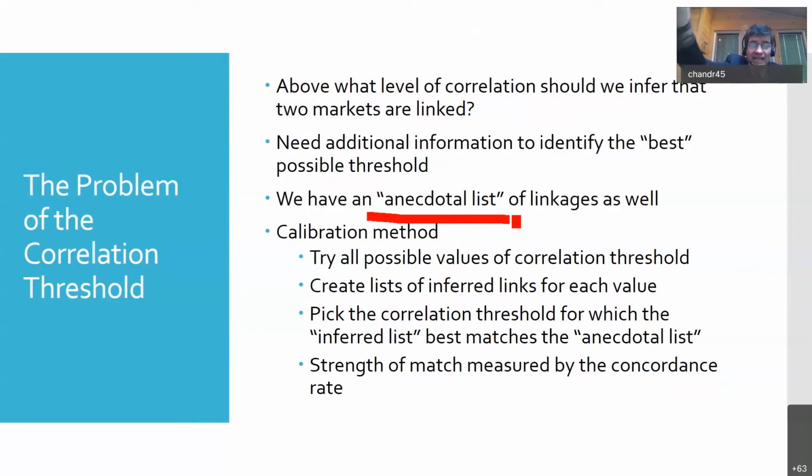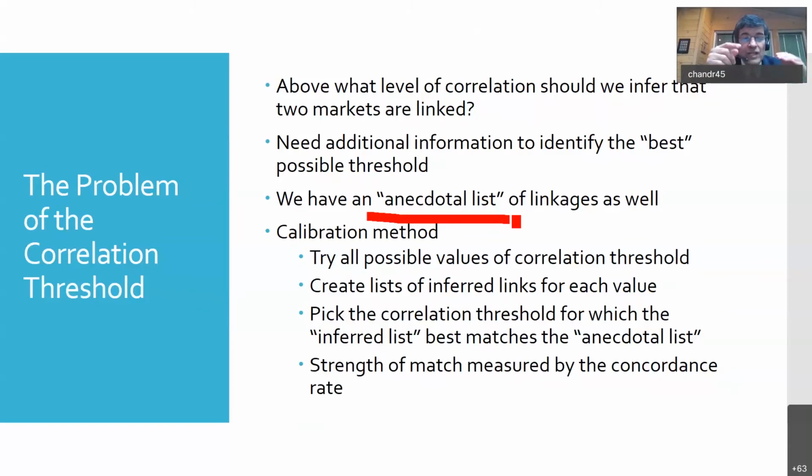So now we have an anecdotal list of linkages that have been established by the drug intelligence and other agencies in the United States. And what we're going to do next is go back to our data and say, okay, let's try a whole bunch of correlation thresholds, and let's generate a list of inferred linkages.